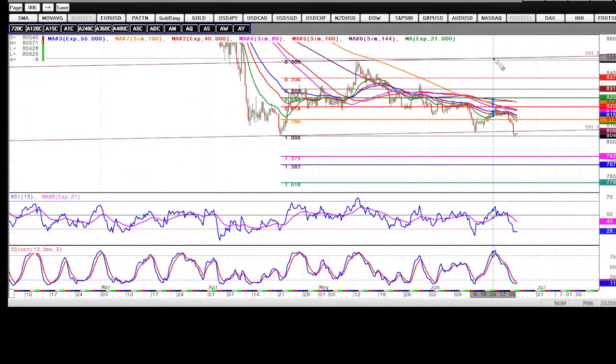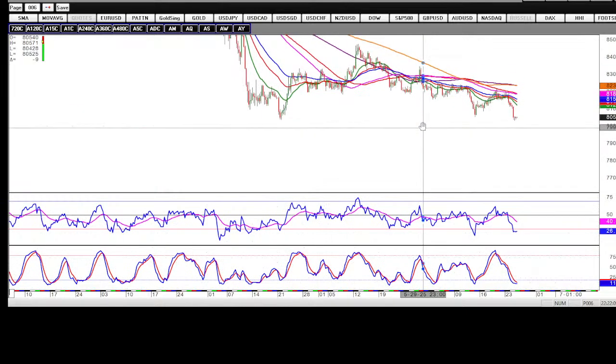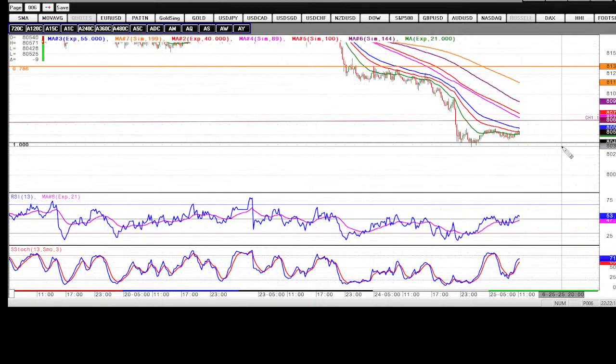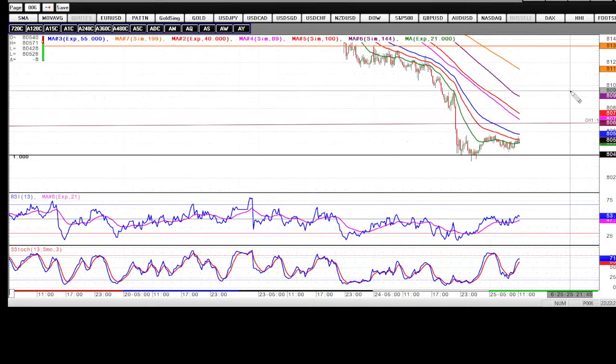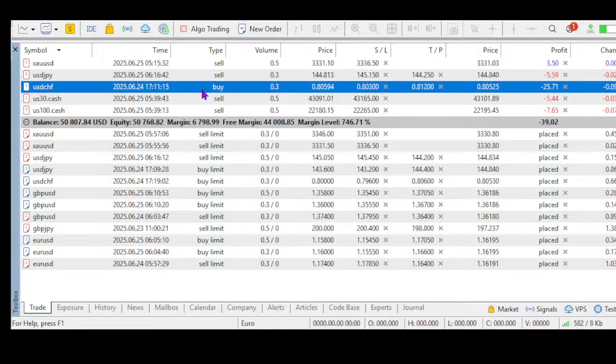If this breaks out, we have a very big move on the down, where we are holding a buy. I think this is the wrong side of the market. So what we are going to do is we are trying to go for a sell. Let's clear this first, because we are holding a buy, which is the wrong side.